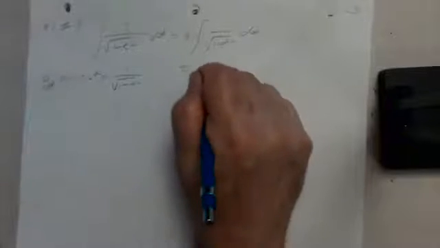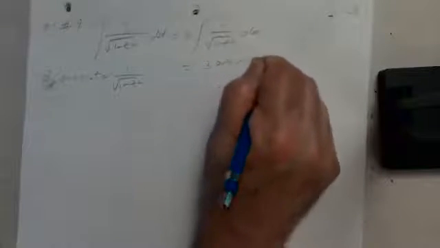This comes directly from an integration formula from last semester. The derivative of arc sine of t is 1 over the square root of 1 minus t squared. So this is just 3 arc sine of t plus a constant. And this is just one of the formulas which you're supposed to know.